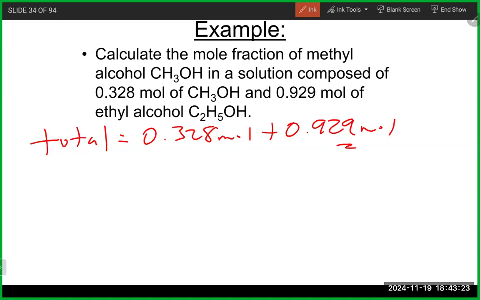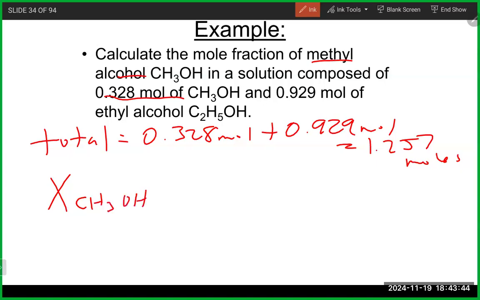And that gets us 1.257 moles. And in this case, we're looking for the mole fraction of methyl alcohol, which was our first guy here. So the mole fraction of our methyl alcohol is going to be the moles of the methyl alcohol divided by our total moles, 1.257.